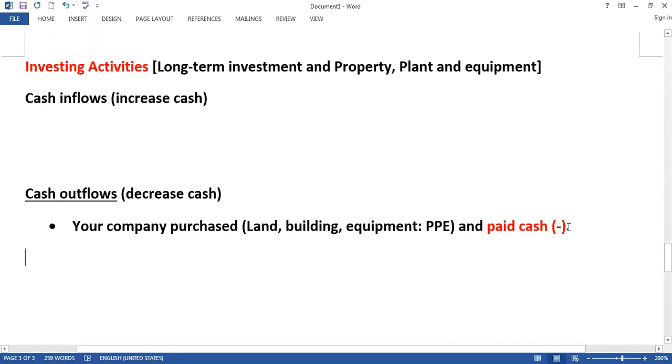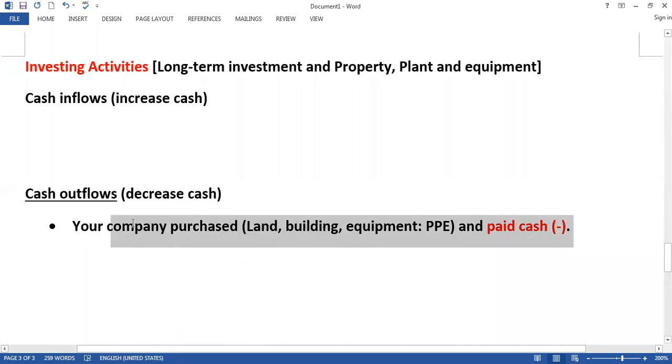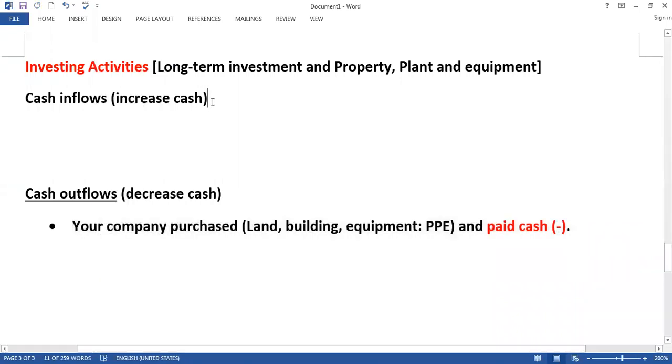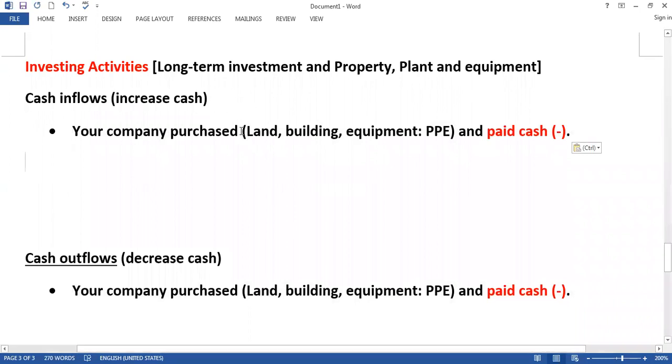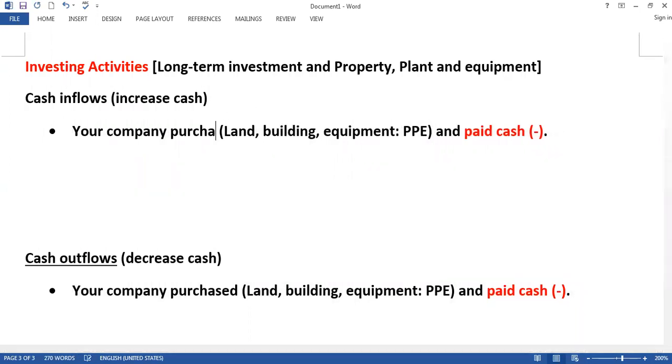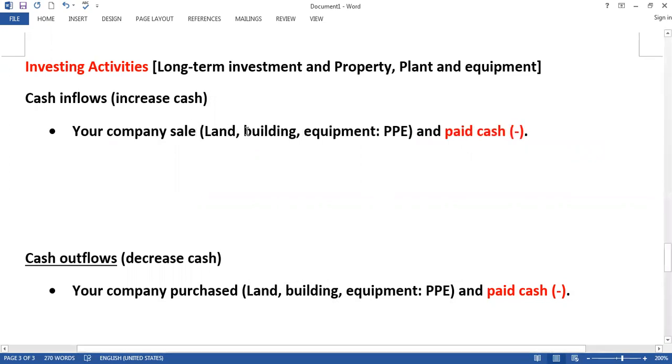Now, few days later, your company sell some land, or your company sell one building, your company sell the equipment. It means that few days later, your company can sell some property, plant, and equipment.